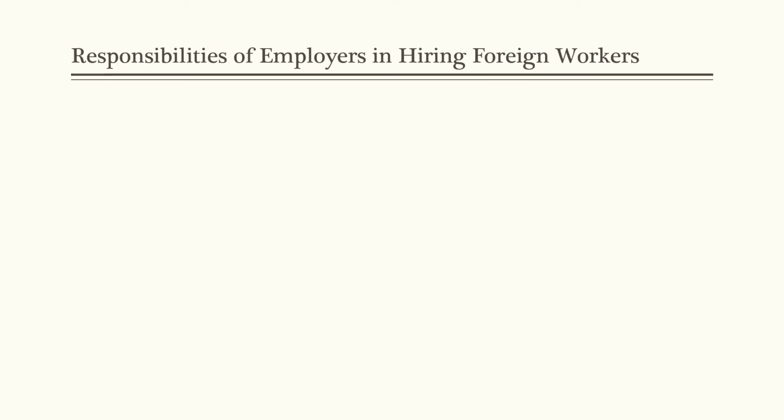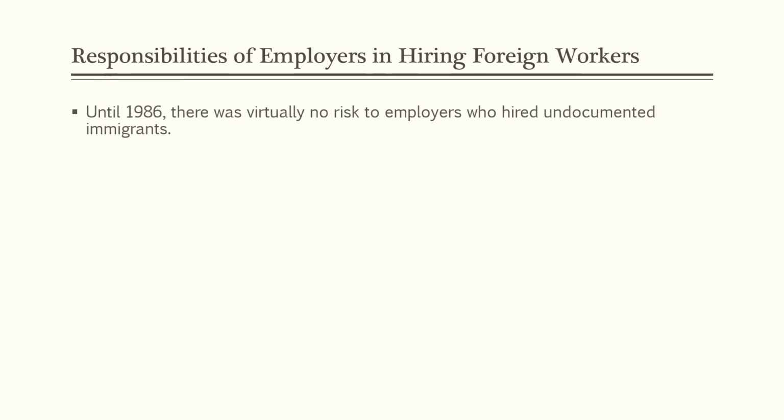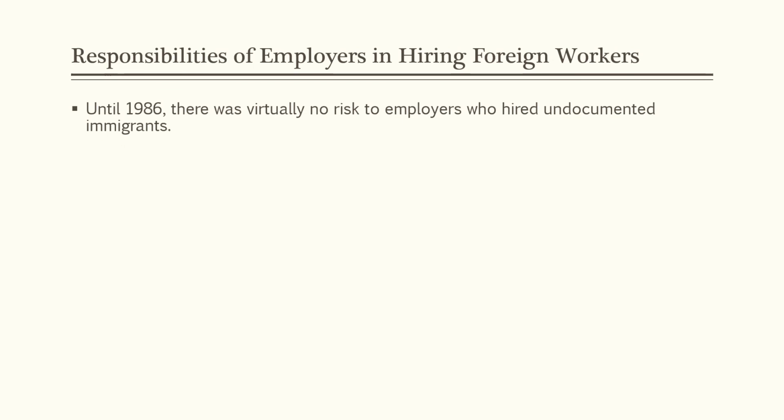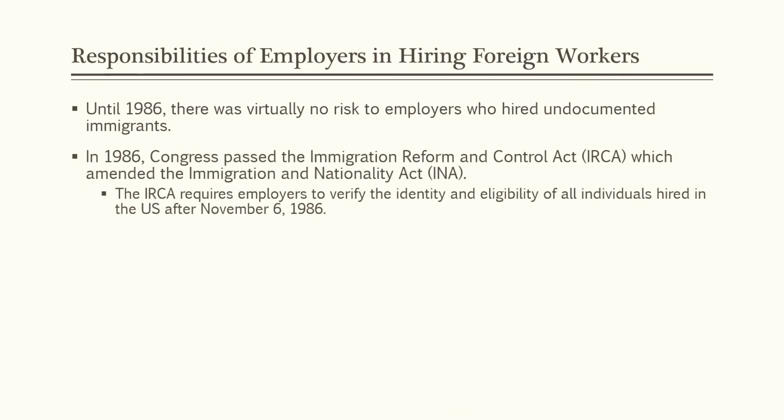Next, we will discuss the responsibilities of employers in hiring foreign workers. Until 1986, there was virtually no risk to employers who hired undocumented immigrants. However, in 1986, Congress passed the Immigration Reform and Control Act, the IRCA, which amended the Immigration and Nationality Act, the INA.